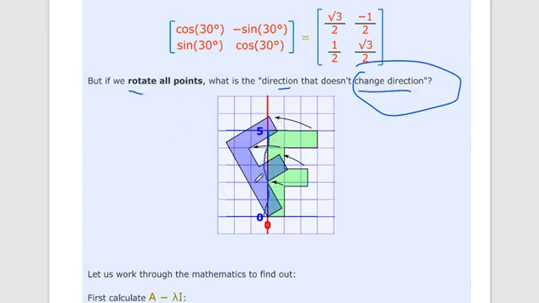So this vector is the eigenvector. In short, if we rotate all the points, the eigenvector's direction does not change. It remains the same.